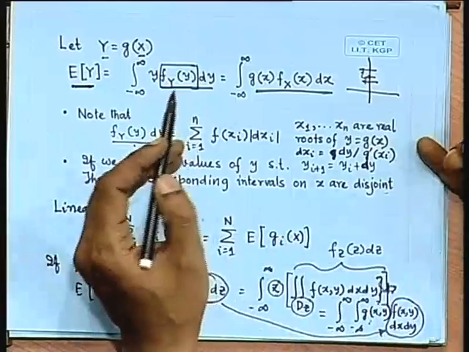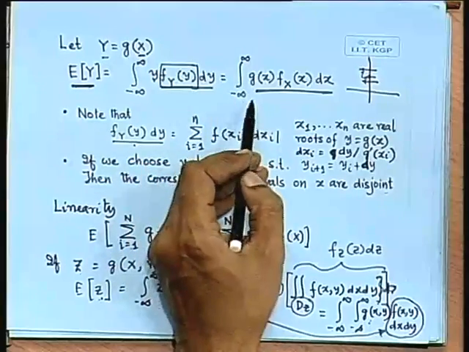Now, we want to write it in terms of x, because in many cases y is a derived quantity. The original random variable is x. So in all probability we will have the probabilistic description, the density or the distribution function, for x. So we have to express the expected value of y in terms of the probabilistic description of x and the function g.